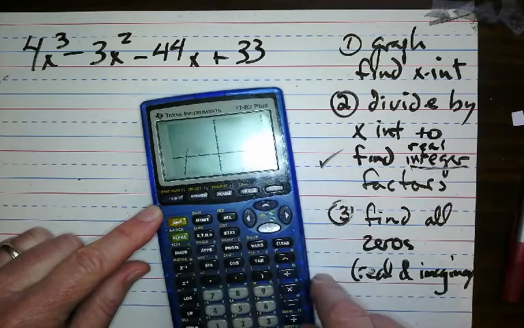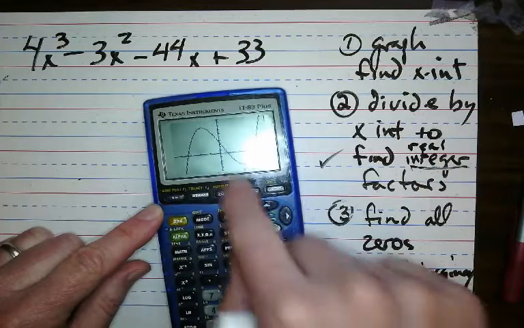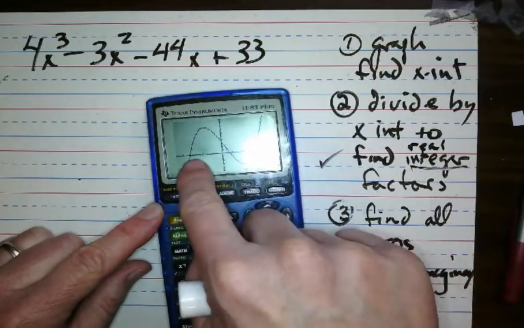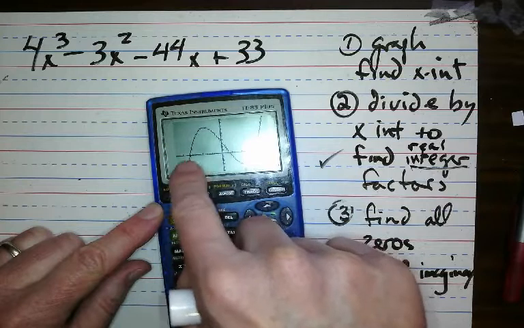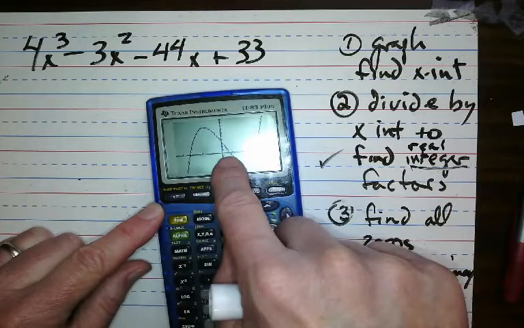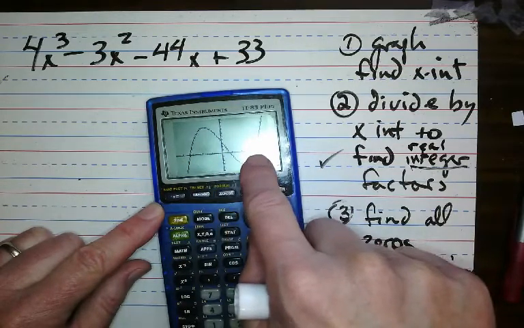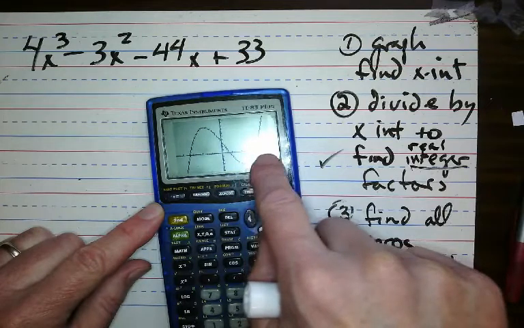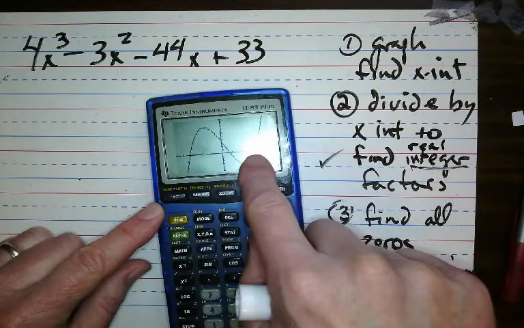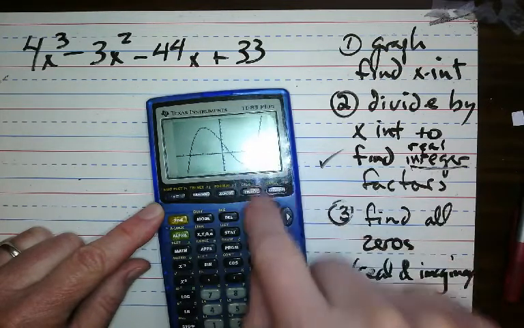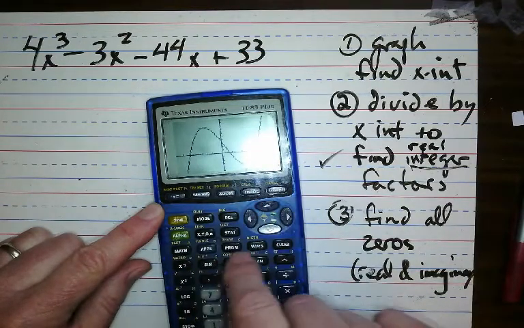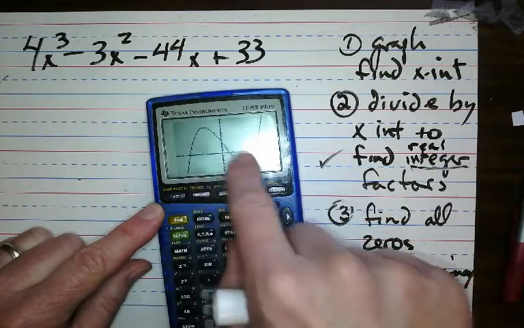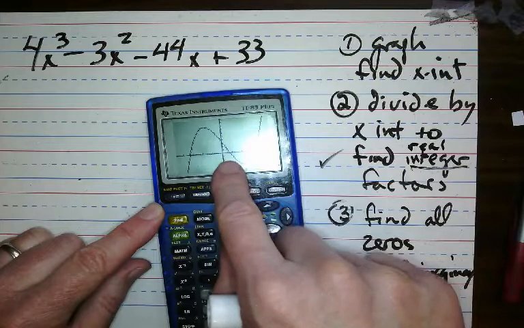Oh yeah, okay, so I can see the whole thing. It crosses between negative 3 and negative 4, crosses between 0 and 1, and then crosses between 3 and 4, right? So I always find the middle one, because I find that it helps me.